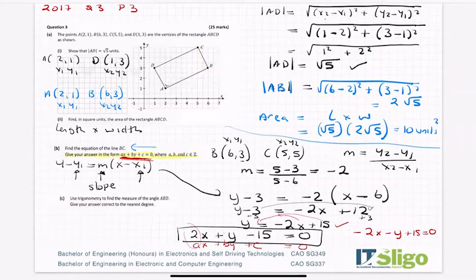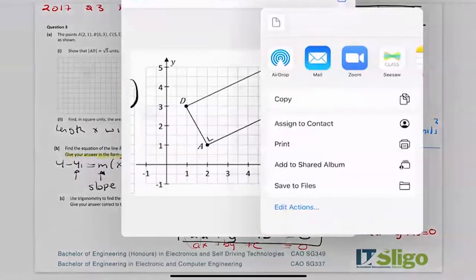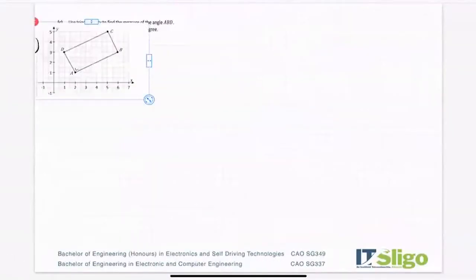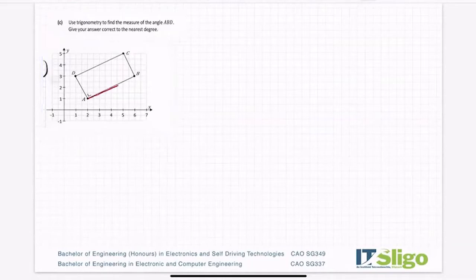Diagram is always good. Use trig to find the measure of the angle ABD. So that is the angle ABD. Give your answer correct to the nearest degree.